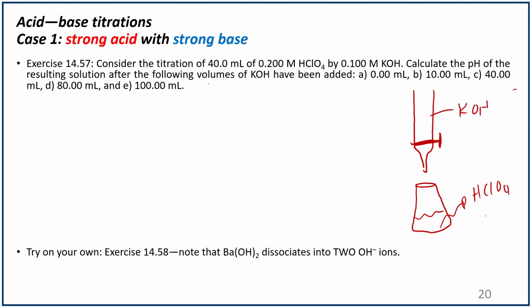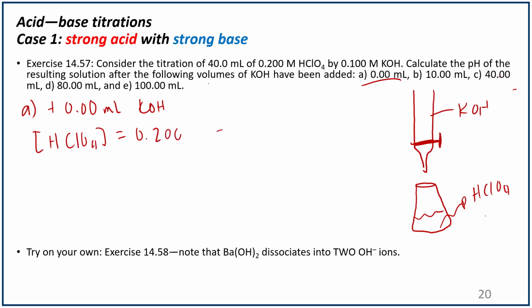And we want to calculate letter A: what if we do not add any KOH from the burette yet? If that's the case, then keep in mind that the solution that we're going to measure the pH of will be perchloric acid. Remember that perchloric acid is a strong acid, and the concentration given here is 0.200 molar.